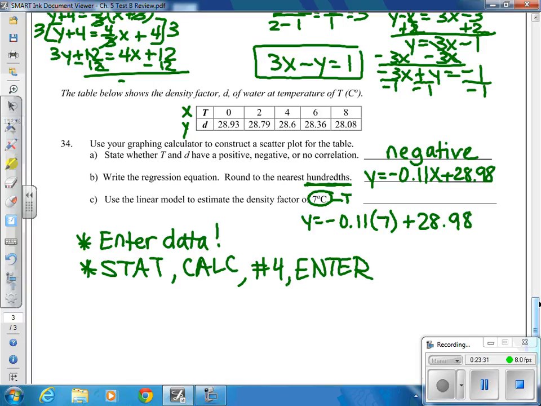You will type that in your calculator or do order of operations, and you're going to come out with y equals 28.21. Remember, your answer to these problems need to be rounded to the exact same place value as the value in the chart does, because all of our d values in this table have 2 numbers after the decimal. Our final answer needs to have 2 numbers after the decimal.